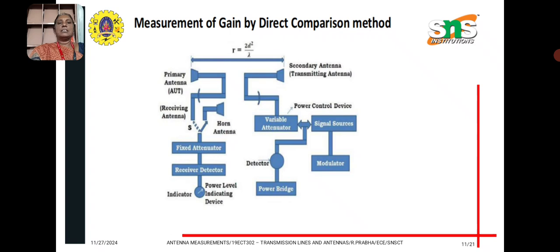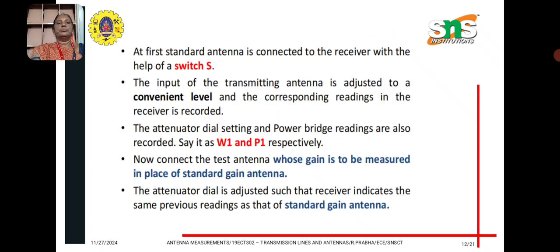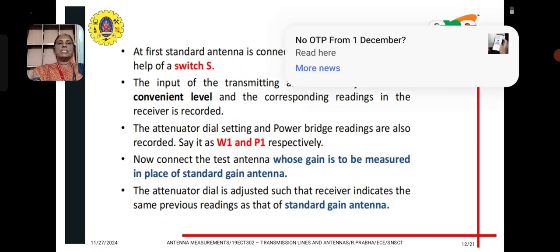The switch is connected with the antenna under test and also the horn antenna. On this side we have an attenuator and a receiver detector, and with the secondary antenna we have an attenuator, signal source and also a modulation setup. The first standard antenna is connected to the receiver with the help of switches.